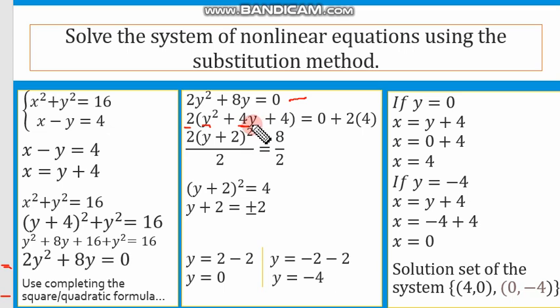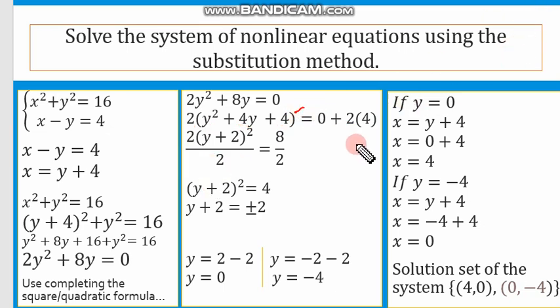The coefficient of y is 4. 4 divided by 2 is 2, 2 times 2 is 4. So we will add 4 here, and also on the right side, together with the factor 2 times 4. This will be a perfect square trinomial.